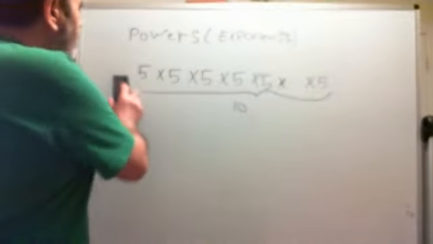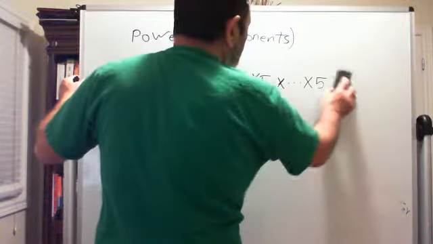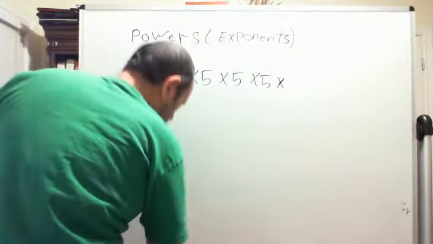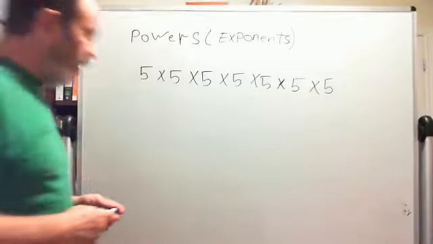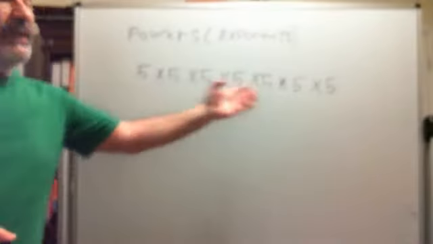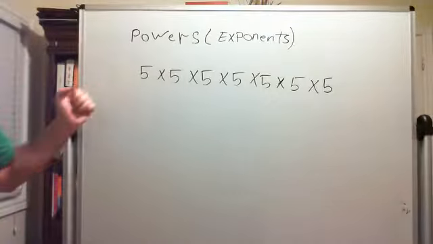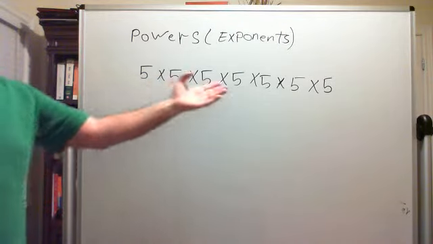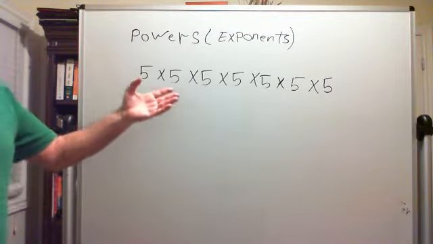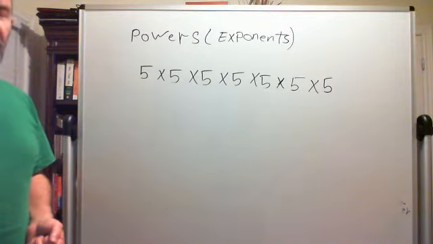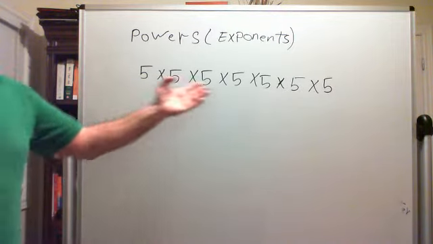I don't need to write this one. 1, 2, 3, 4, 5, 6, 7. That's enough. Let's say I want to multiply 5 by itself 7 times. As you see, it's hard to write it. It takes time, especially when the numbers are bigger.